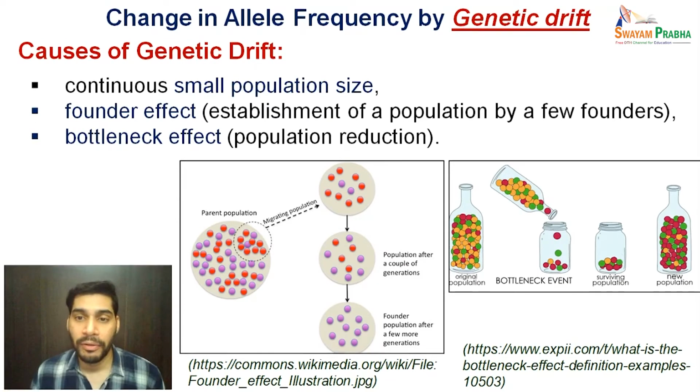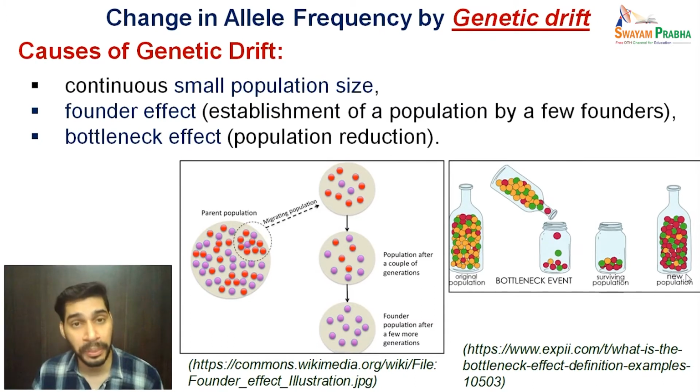Now the individuals which have gone from here to here through this bottleneck are the surviving population, and this surviving population reproduces and increases its numbers to a new population.